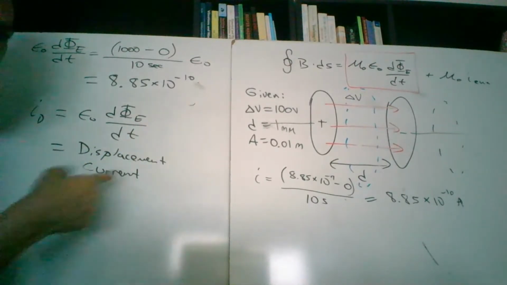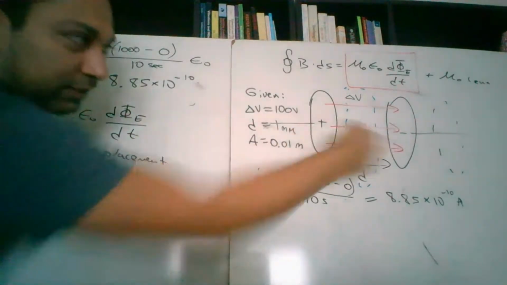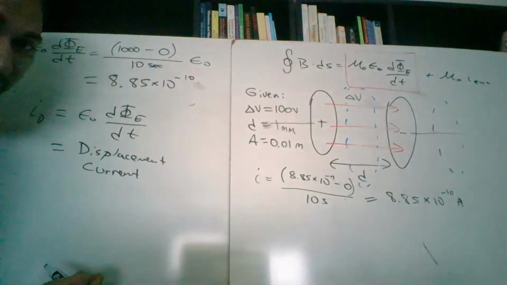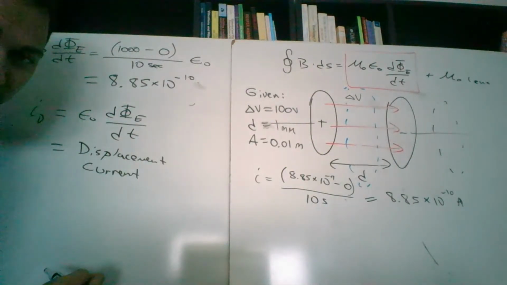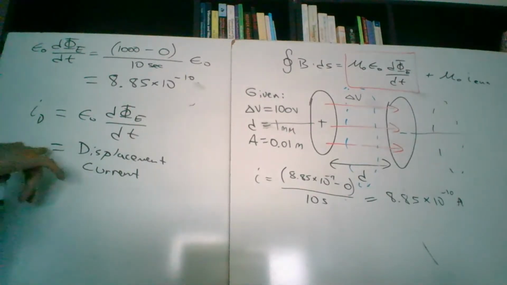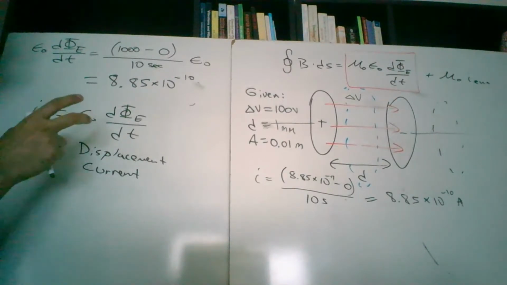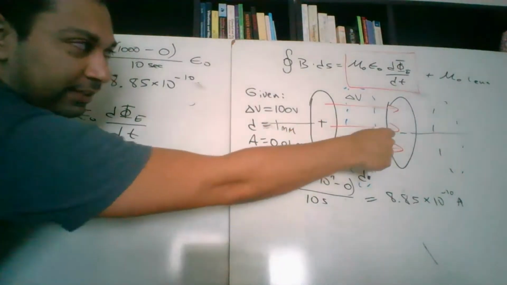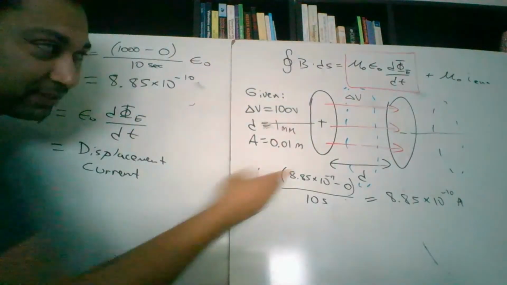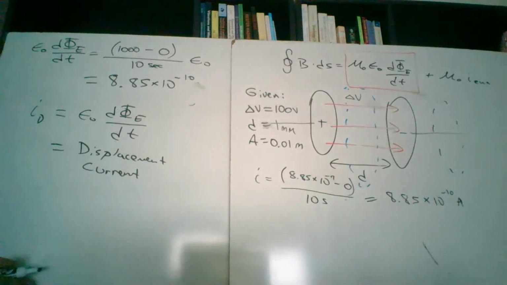So even if you're between two parallel plates and there's no wire connecting them, you get this imaginary current that's going in some direction. Even if you don't have a wire connecting here to here, you're still producing a magnetic field around this electric field line right here. And that is called the displacement current.